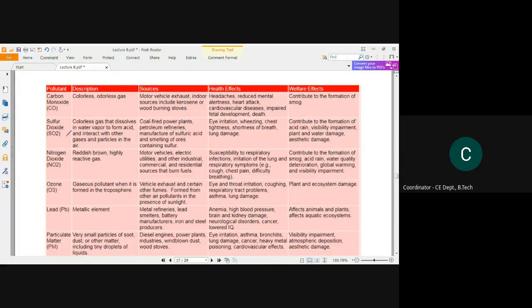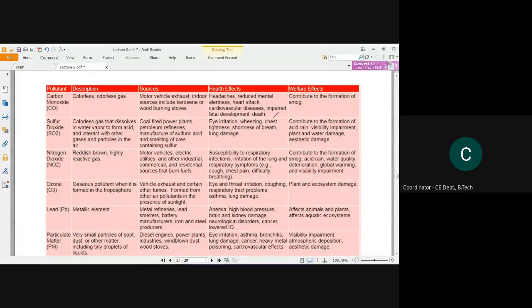The sources are coal-fired power plants, petroleum refineries, manufacture of sulfuric acid, and smelting of ores containing sulfur. What health effects can we see from exposure to sulfur dioxide? Eye irritation, wheezing, chest tightness, shortness of breath, lung damage, etc.